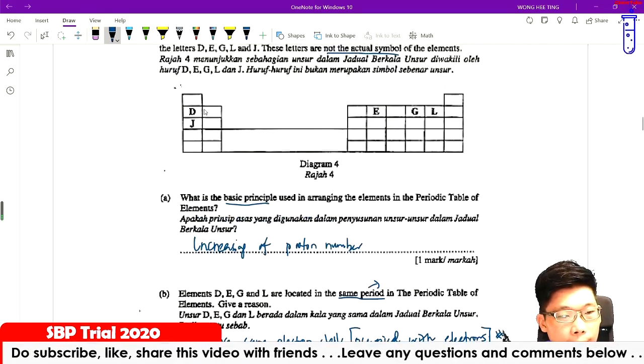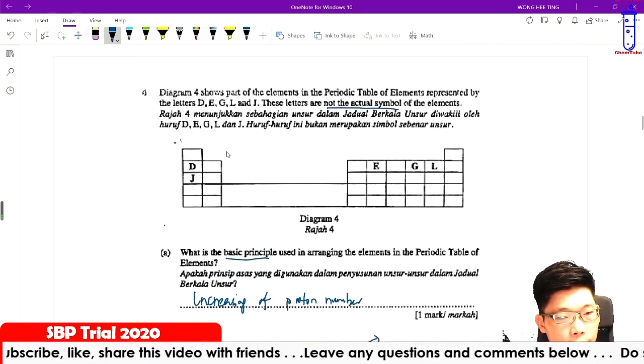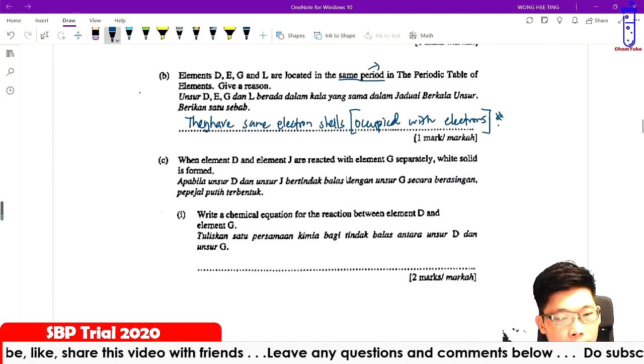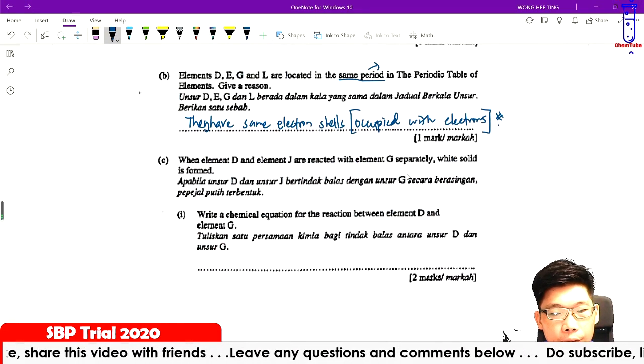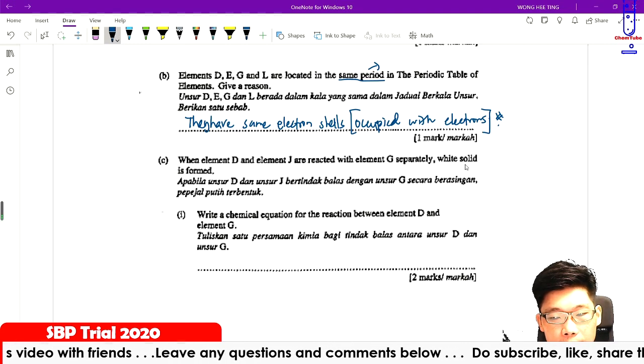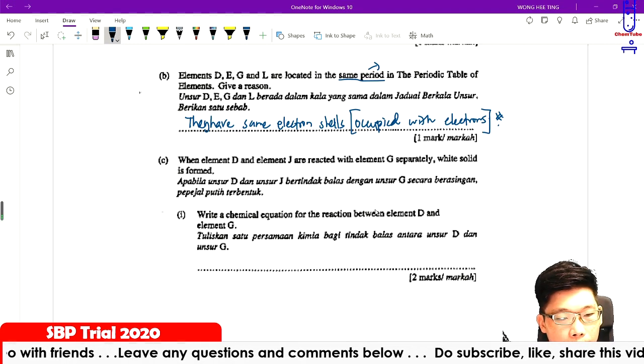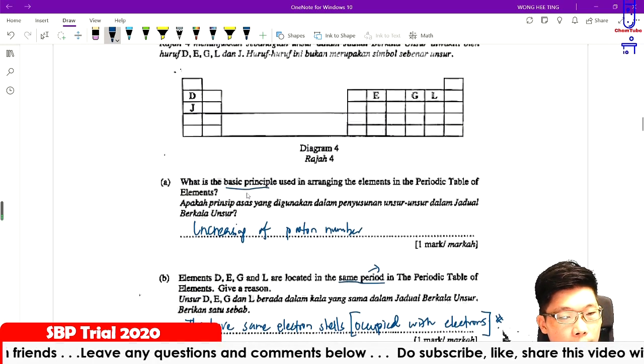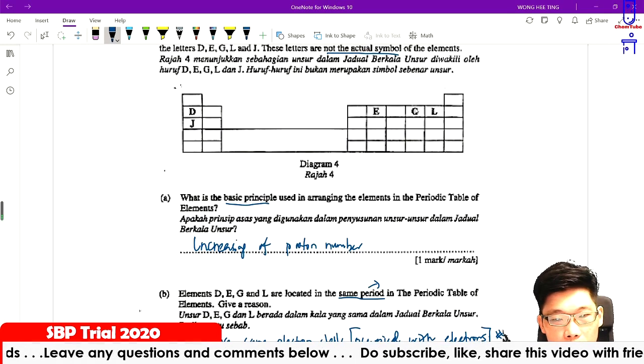When D and J, which are in group 1, react with element G separately, a white solid is formed. D and J are group 1, G is group 16.